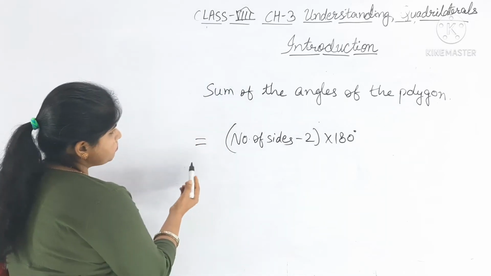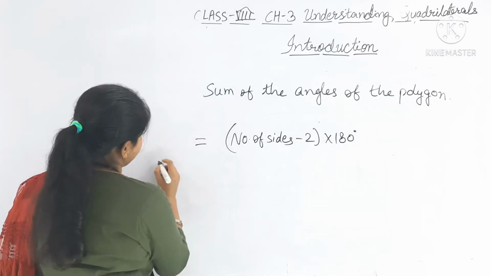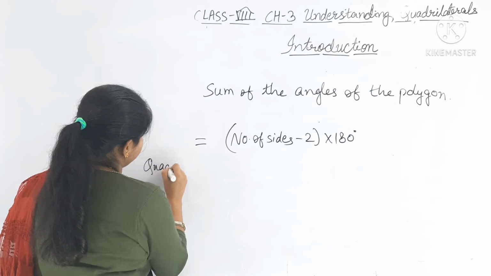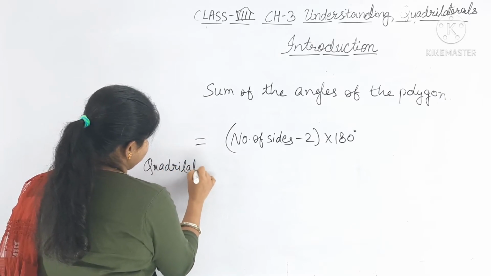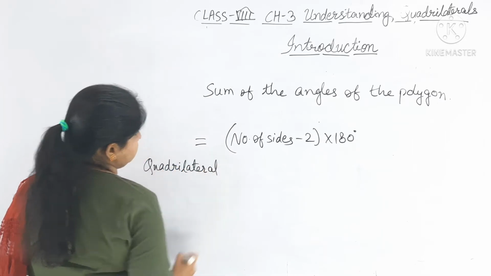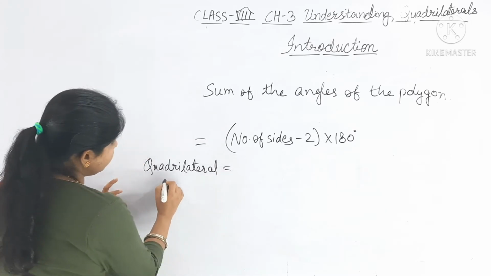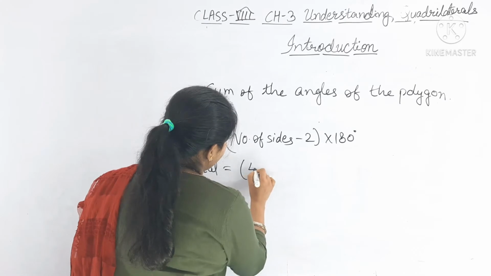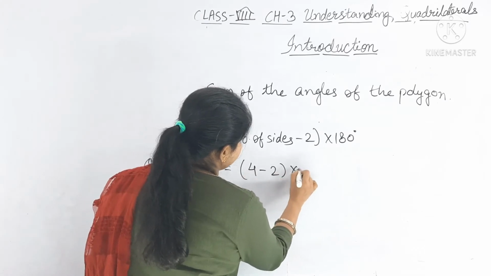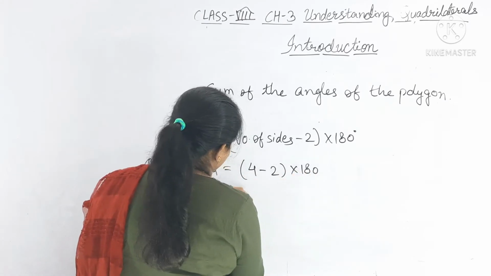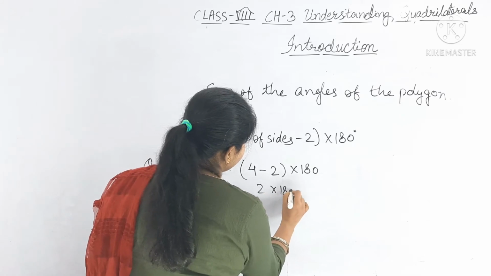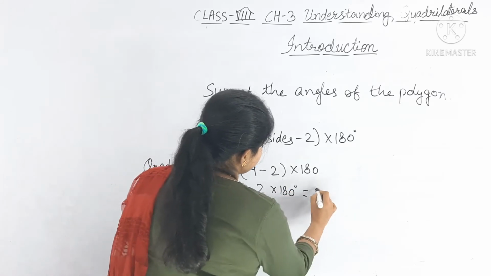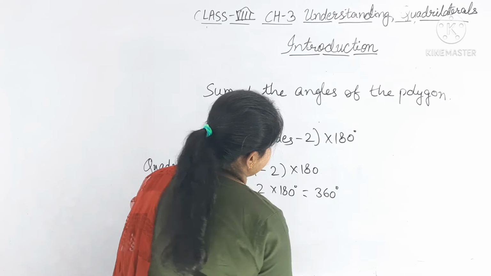If we want it for quadrilateral, how many sides? 4. Okay, number of sides is 4. So I can write 4 minus 2 into 180, that is 2 into 180 degree, that is 360 degree.